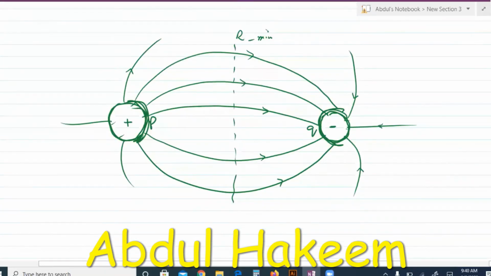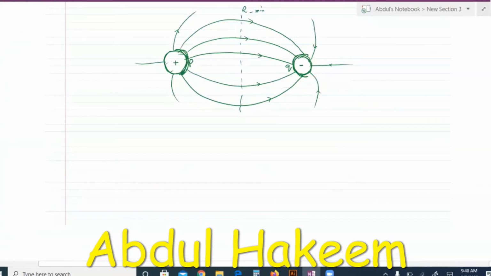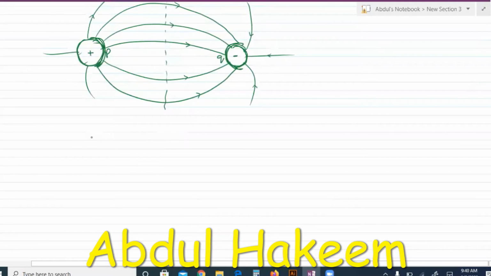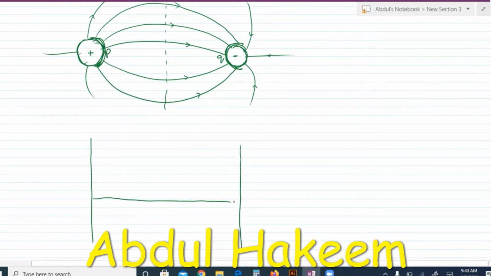Now we have to draw the graph for this. This is the center of the positive charge, this is the center of the negative charge, and this is the mutual distance, d. And this is E, electric field strength, and here d.